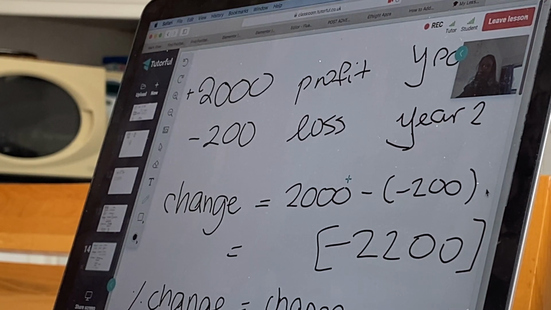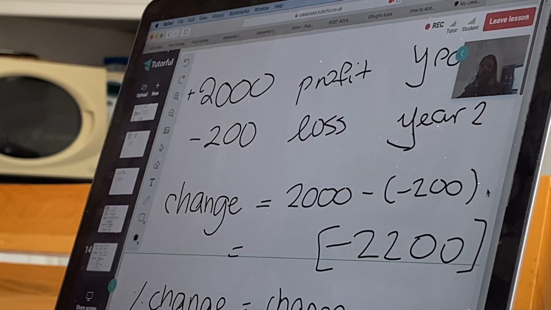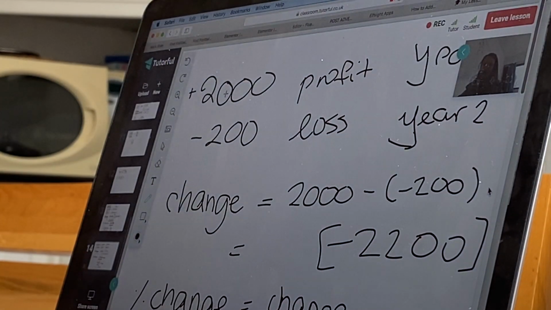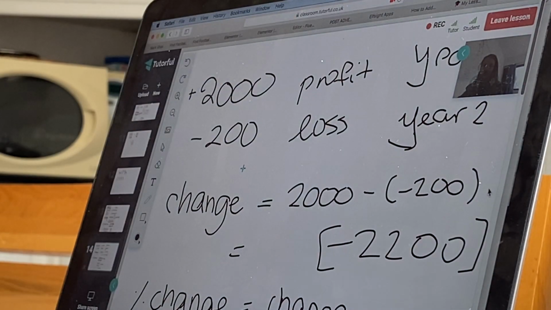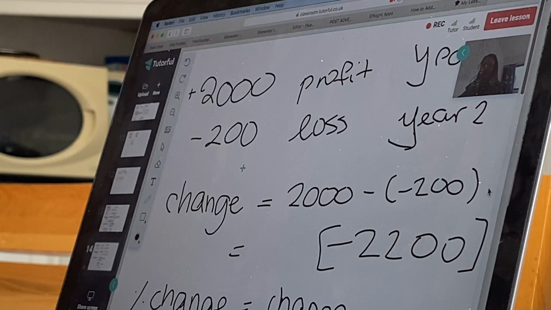Is it 110%? Yes, perfect. It's 110% decrease in this situation because we're going from profit to loss. Now, if we're going from a profit to loss, is there any way that we could get a less than 100% decrease?